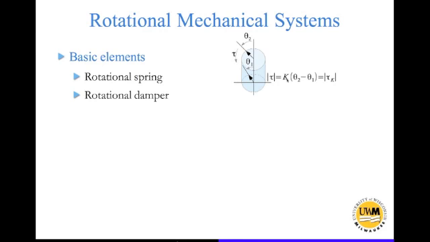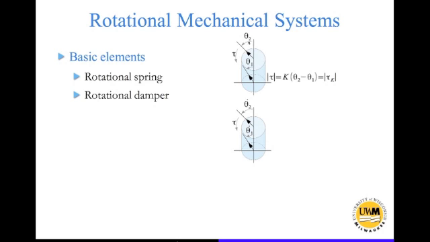Similarly, you have a rotational damper. A rotational spring stores rotational potential energy. A rotational damper damps out energy. So it's just like the linear damper. Let's say you have a torque tau, and this top end here twists at theta 2 dot. This is angular velocity.